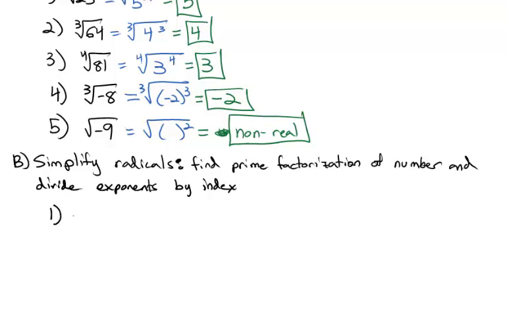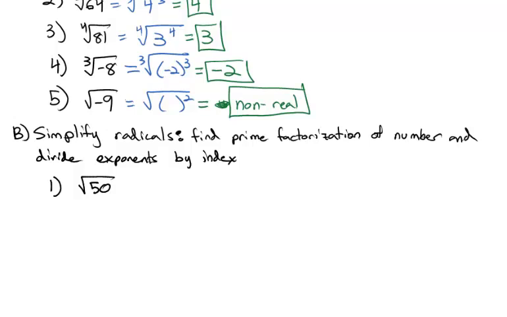So for example, if we wanted to take the square root of 50, there are several ways you can find the prime factorization. One way is to say 50 is 2 times 25, and 25 is 5 times 5. So the square root of 50 is going to be the square root of 2 times 5 squared.